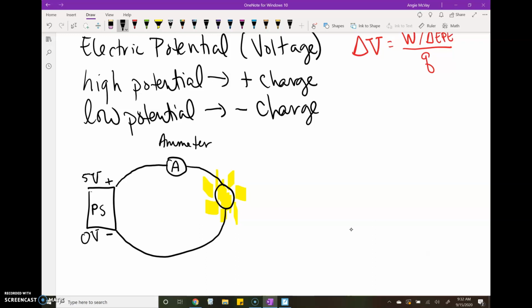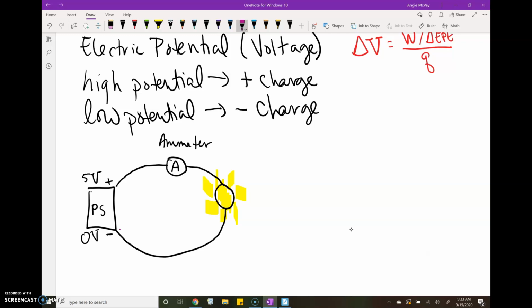But in this circuit, I want you to think about what is the direction of the electric field and what direction are the electrons traveling. Okay. So electrons in this wire here, electrons would be traveling.